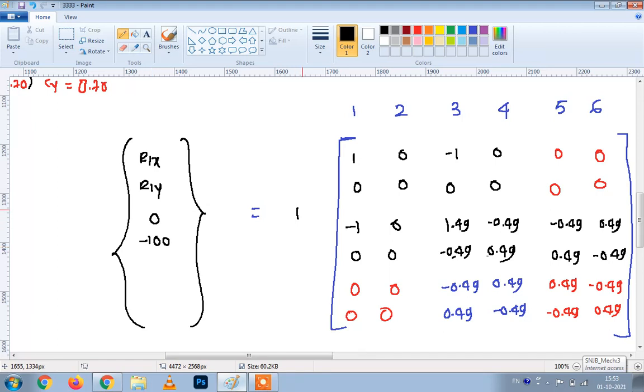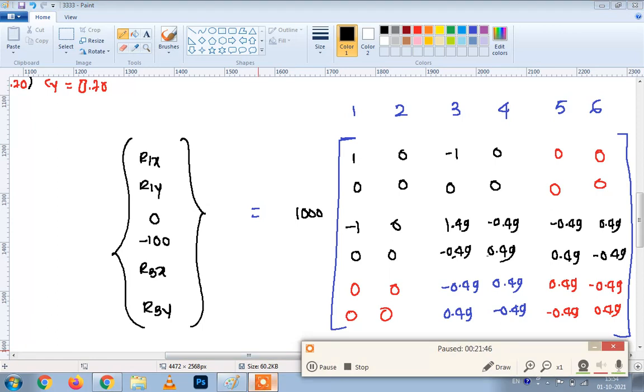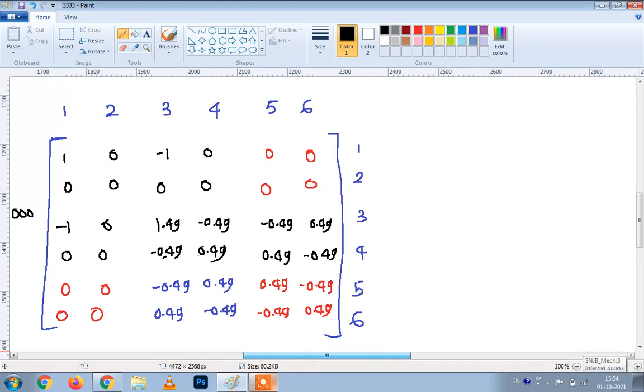Here 1000 which we have kept outside the bracket, and here R3x as well as R3y. Similarly, now we have to write down here the displacement vector. So U1, V1, U2, V2, U3, V3.